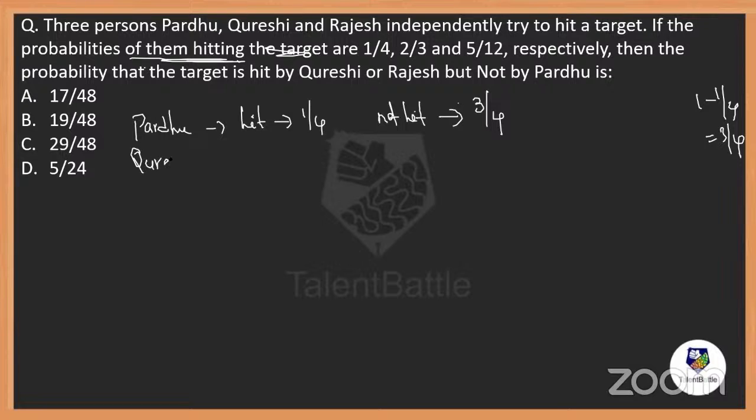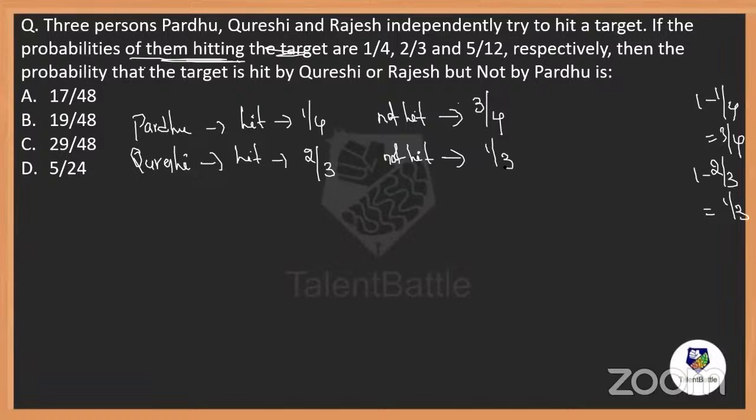In the same manner, let's write for Qureshi. Qureshi will hit the target is 2 by 3, so he will not hit is 1 minus 2 by 3, which is 1 by 3.